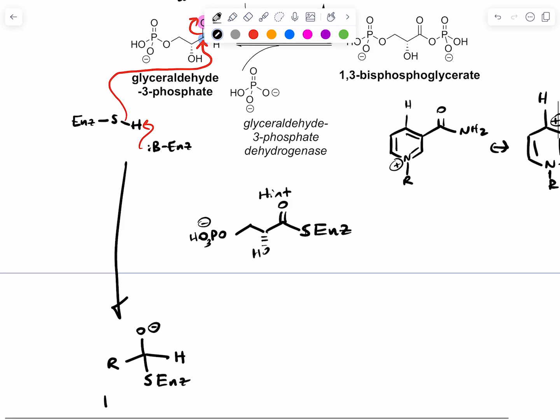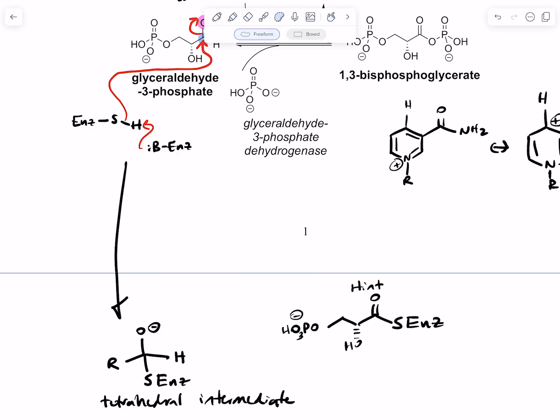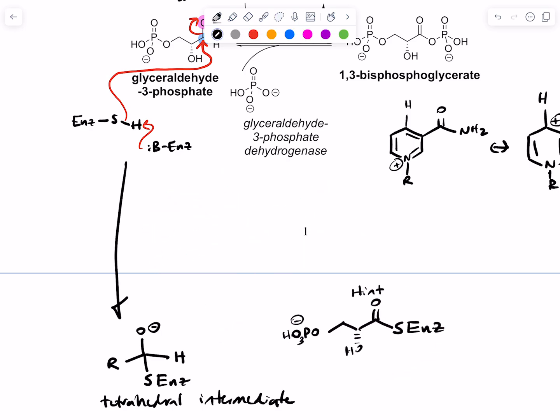So this is your tetrahedral intermediate. If you compare that to where I told you we needed to go, that intermediate isn't the same. In fact, here you're at a thioester.